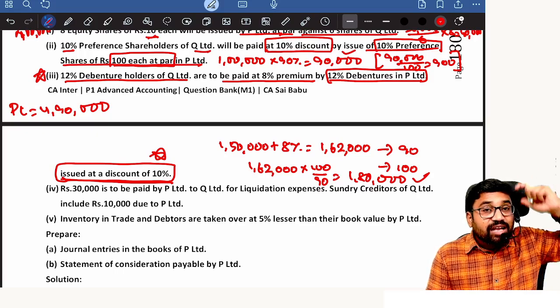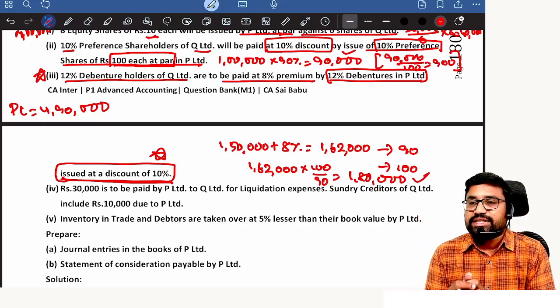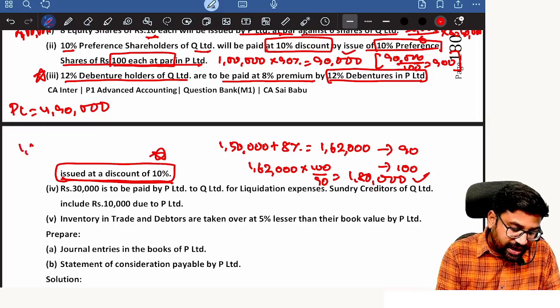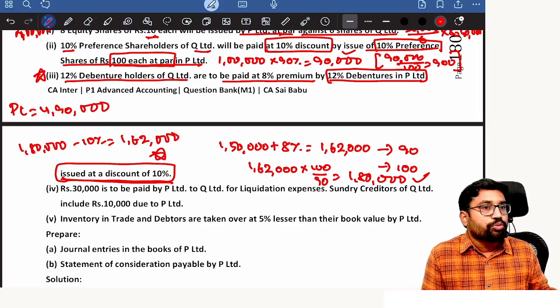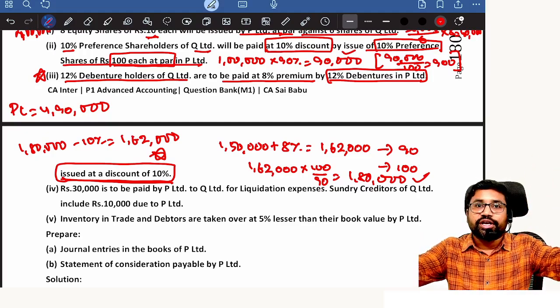If I convert it into the face value, what is the face value of debentures I am issuing? 1,62,000 into 100 divided by 90, that is 1,80,000. You can check it: 1,80,000 face value of debentures minus 10% is equal to 1,62,000. That is exactly the amount we need to pay to the debenture holders. So this is the important point here.